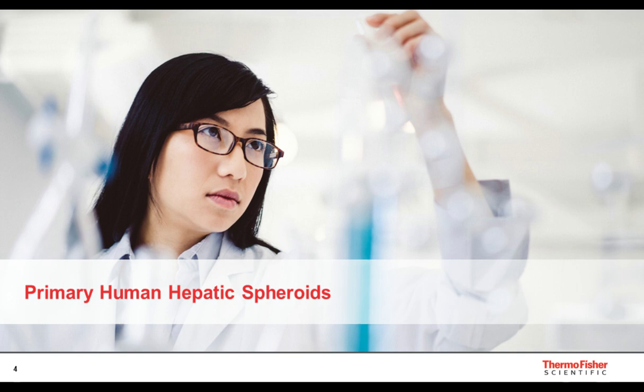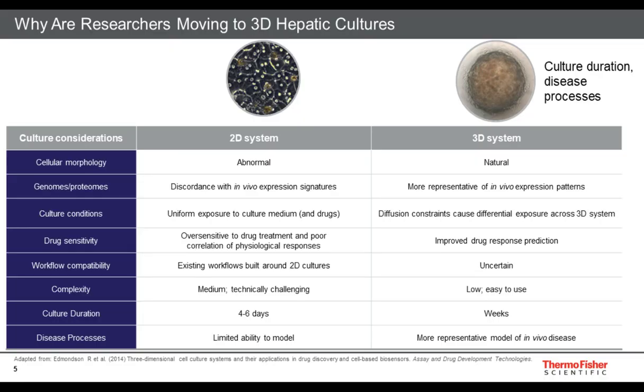Okay, so getting into our primary human hepatic spheroids specifically. Why would researchers and scientists be interested in using 3D hepatic cultures? You can read through the table here. The bottom line, I think, is a couple of key features.